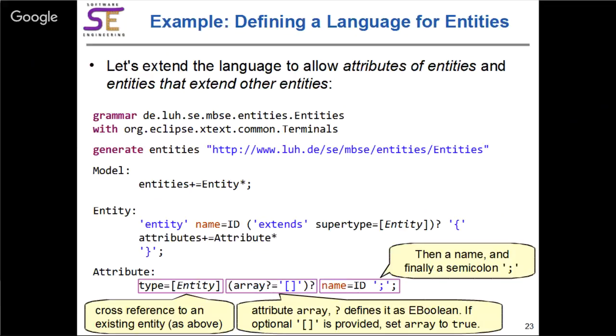So exactly 1 or no supertype or 1 supertype. Because we have this question mark here, it means it can be set, but that does not need to be. So 0 to 1. This is okay. Okay, what else do we have?